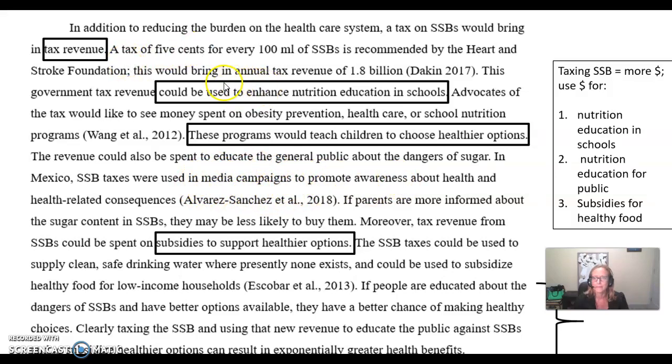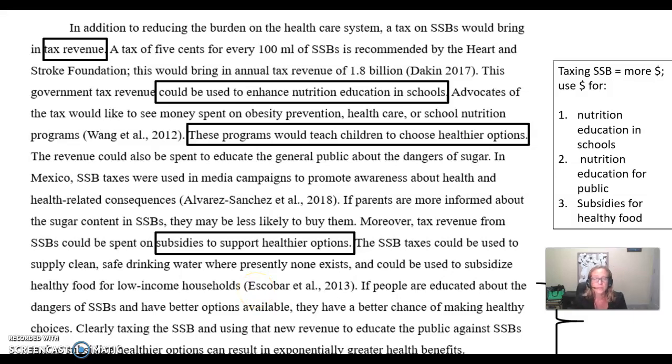So really, the main ideas are enhancing nutrition, using it in media campaigns, and also subsidies to support healthier options. So notice that these main idea statements aren't cited, that these are the writer's ideas, and then she provides citations for those specific details afterwards.